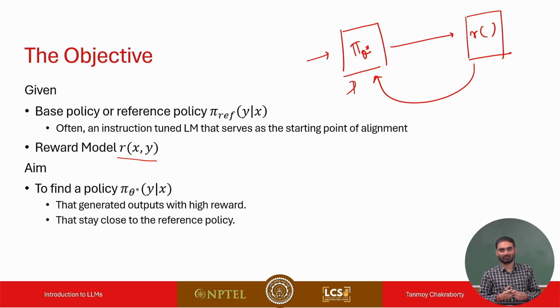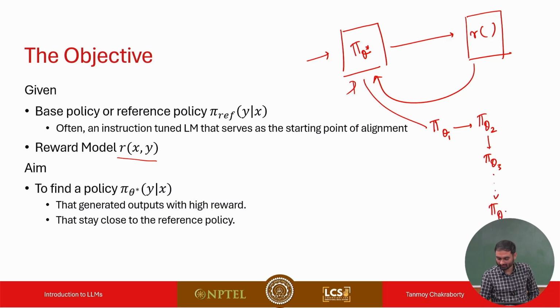In order to address this, remember, let's say when the entire process starts, we start from a base policy model, let's say pi theta 1, right? You incorporate some feedback, it moves to pi theta 2, pi theta 3, and so on and so forth. And then finally pi theta star.